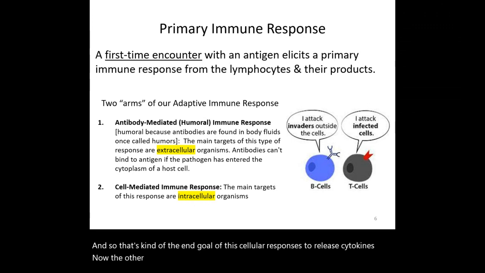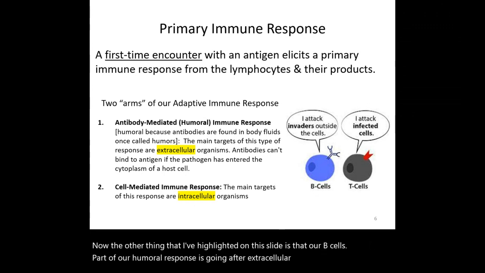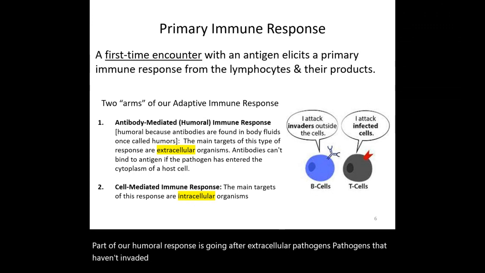Now, the other thing that I've highlighted on this slide is that our B cells, part of our humoral response, are going after extracellular pathogens, pathogens that haven't invaded very specific cell types, but they're still in the body, and they will attack those pathogens.